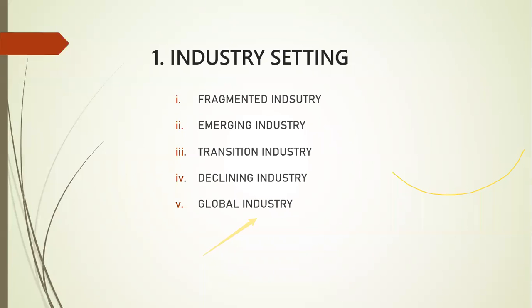Now, what do we mean by fragmented industries? Those industries which are not universal in nature, right? What we mean by industry is a group of organizations manufacturing a similar product.